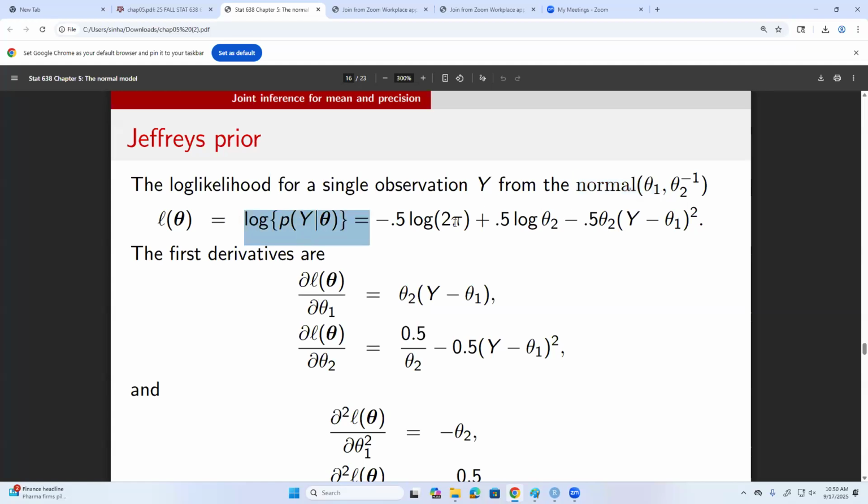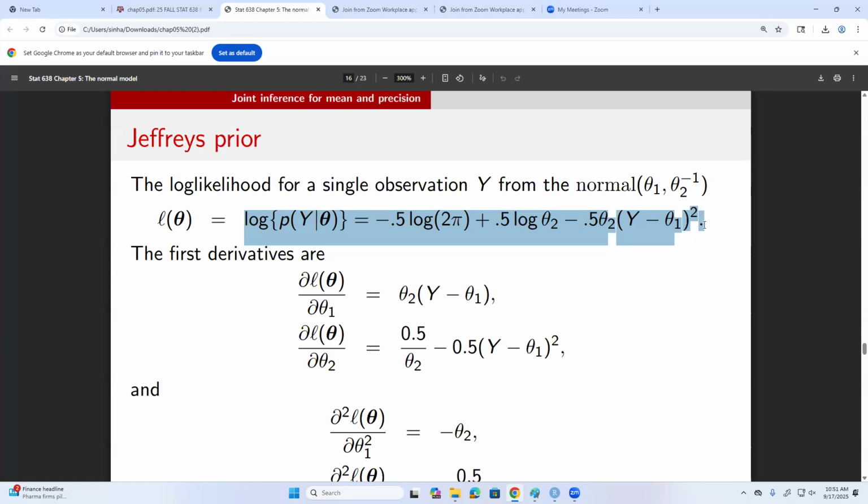Log likelihood is this. Now, why do we pay attention to a single observation while we have n observations in the data set? I told you, when you calculate the information, if you have n independent and identically distributed observations, then your information for n observations is simply n times the information based on a single observation.